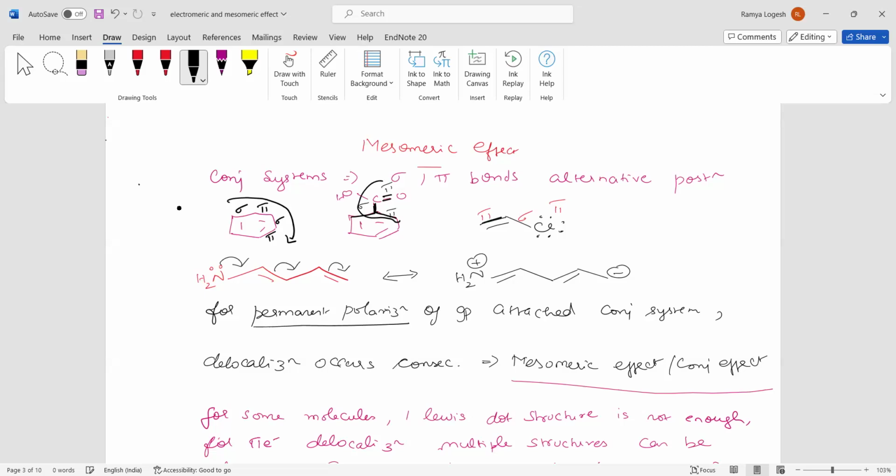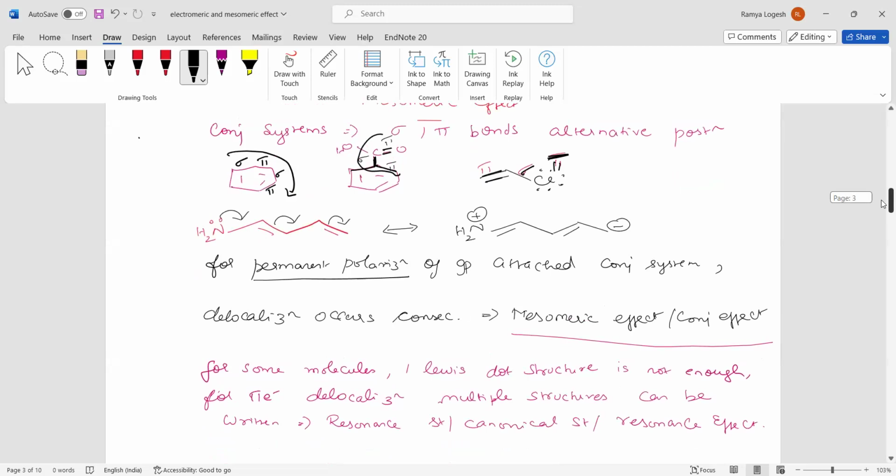Look at this case. Here you have pi, here you have sigma. Here once again you have a lone pair of electrons available on chlorine, again pi. So this kind of thing leads to a permanent polarization of the group that is attached to the conjugated system. This we will call mesomeric effect. Is it clear now? Yes, ma'am. Okay.